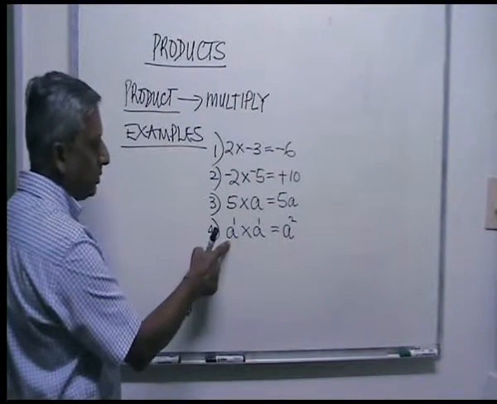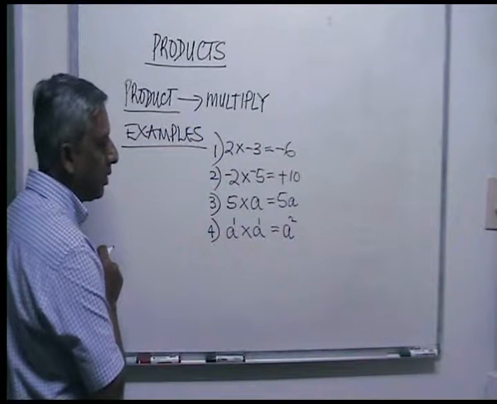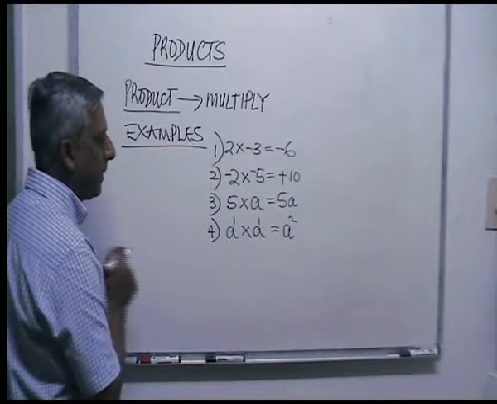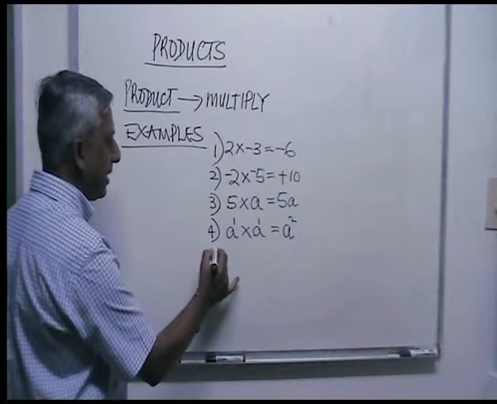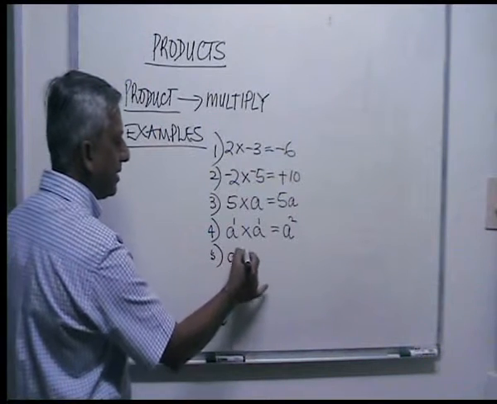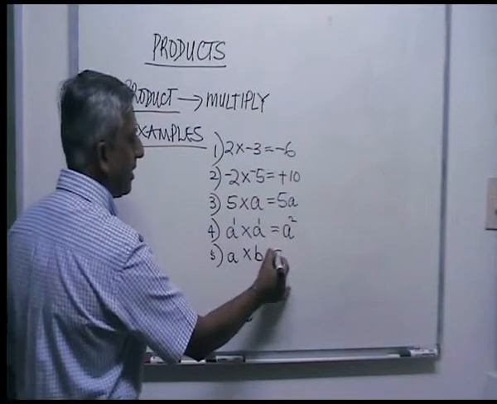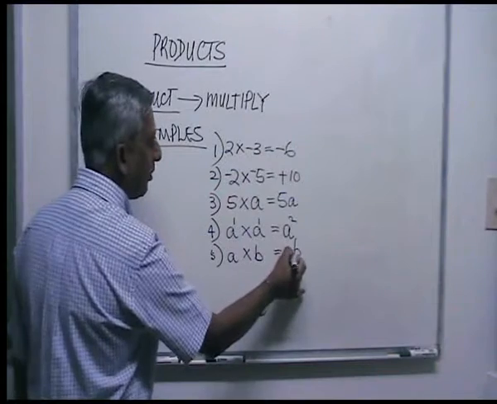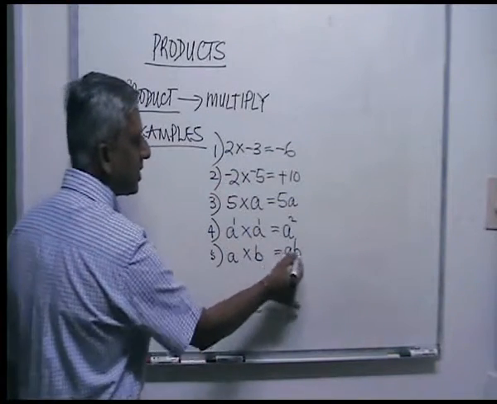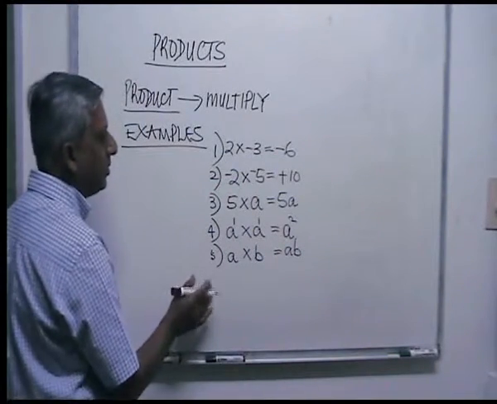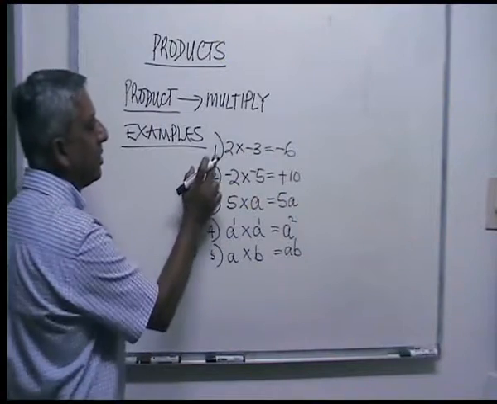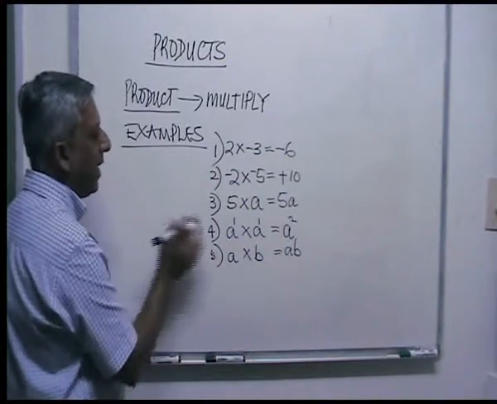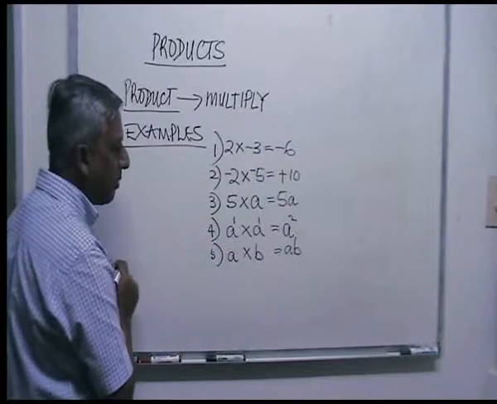So you've got to know the rules of powers. Then you'd have to know that, for example, A times B is just AB. We can't add the indices, we just write it down like that. So you've got to know your integer rules and you've got to know your power rules.